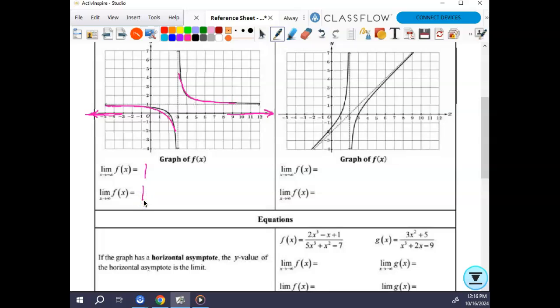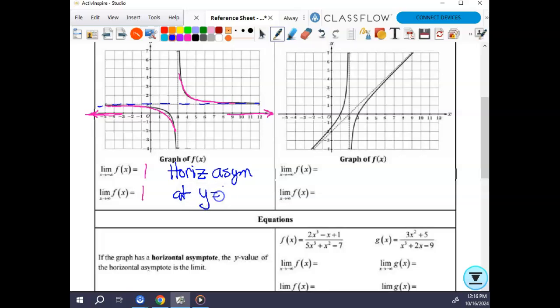And that is because I have a horizontal asymptote at y equals 1. So when you have a horizontal asymptote, your end behavior, if it's approaching the infinities, the answer to that is the y value of the asymptote. It's the same for both ends. Okay, good on that?